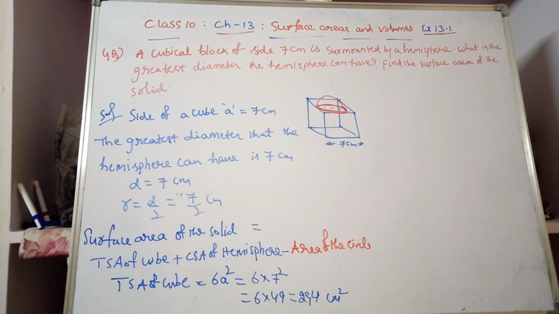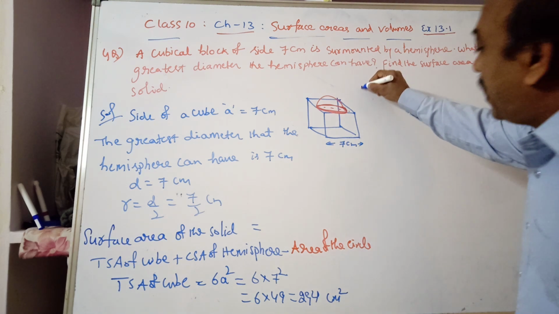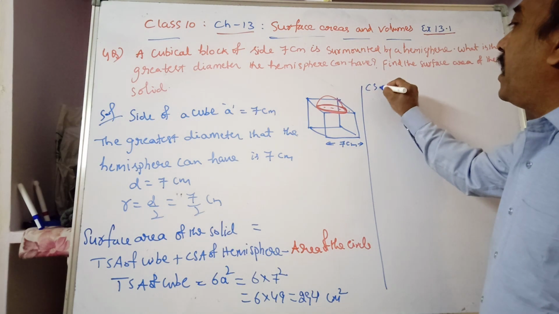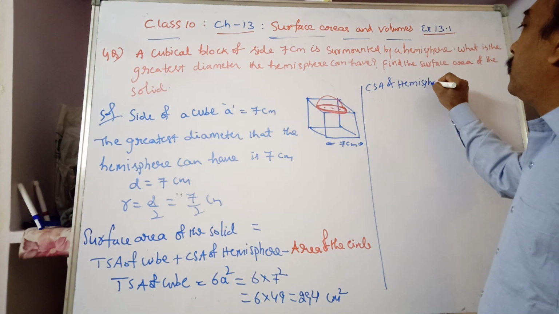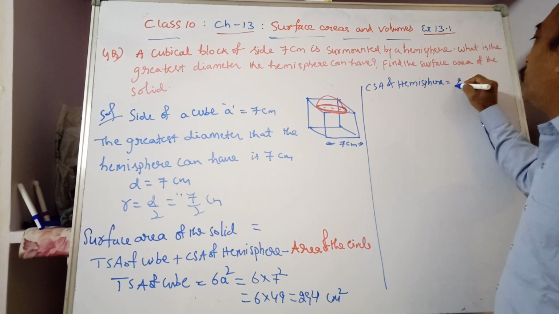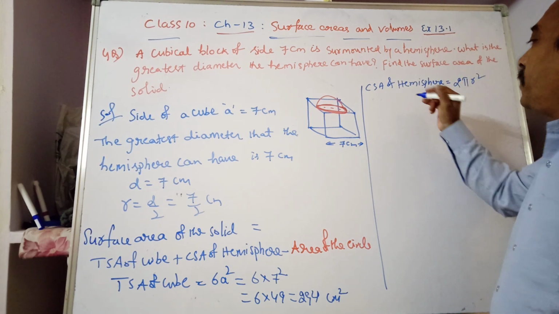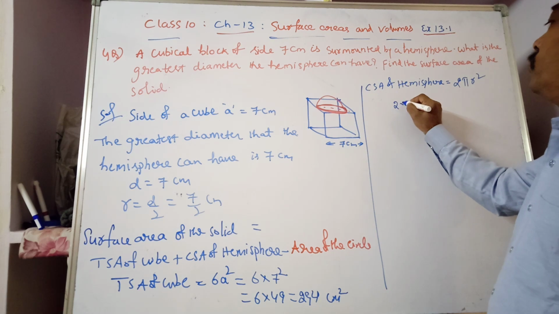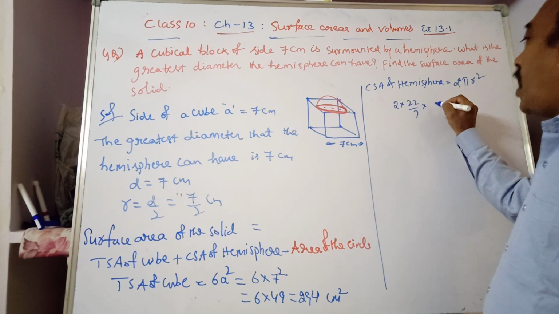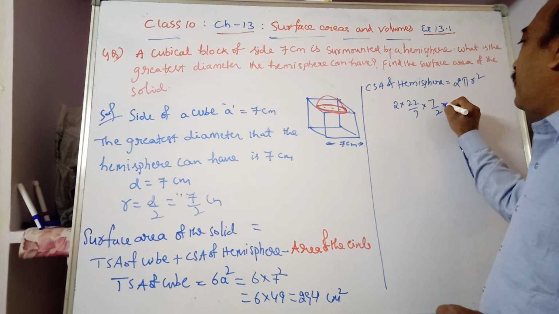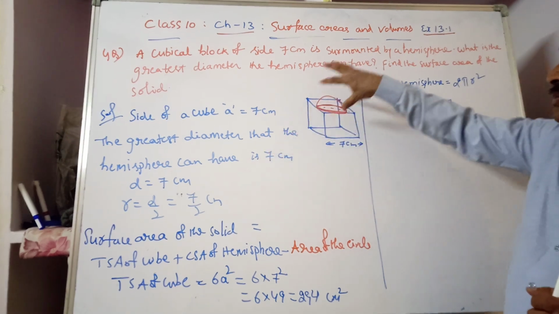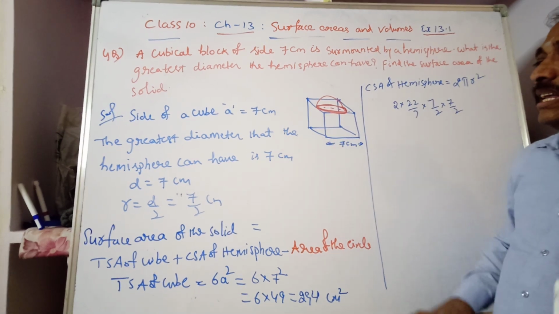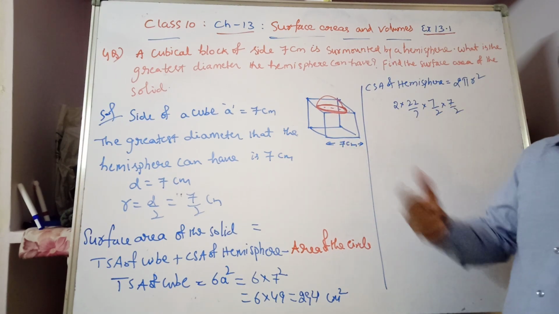Then you have to calculate CSA of hemisphere. CSA of hemisphere is equal to 2 pi r square, which is 2 into 22 by 7 into 7 by 2 into 7 by 2. Why 7 by 2? As the diameter that the sphere can have is 7 centimeter, the radius is half of that, 7 by 2.